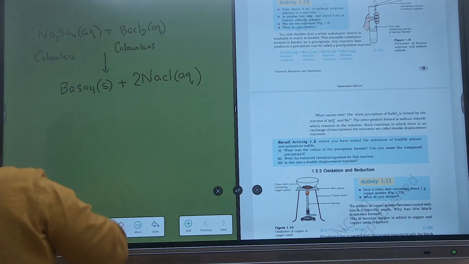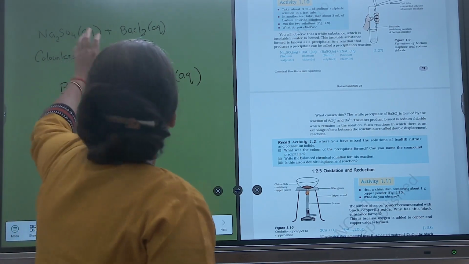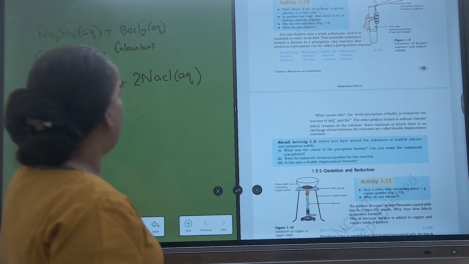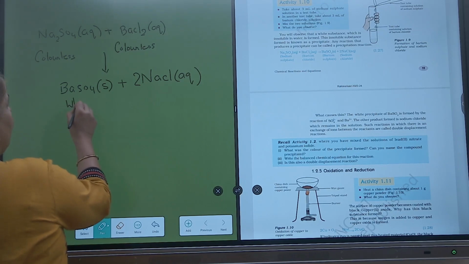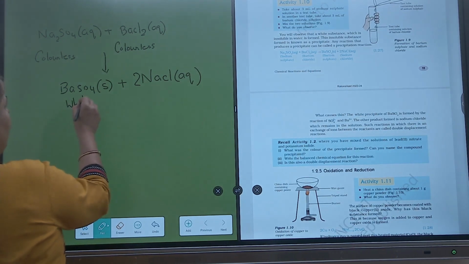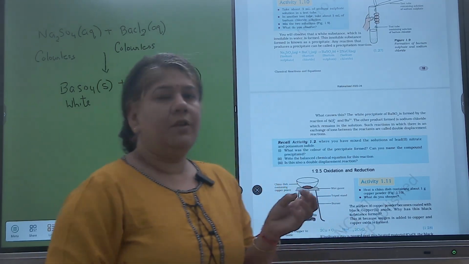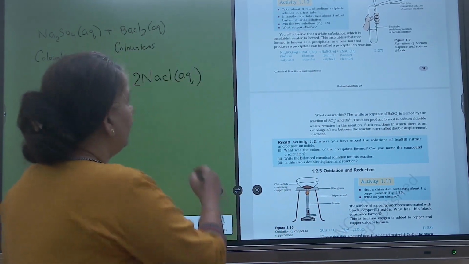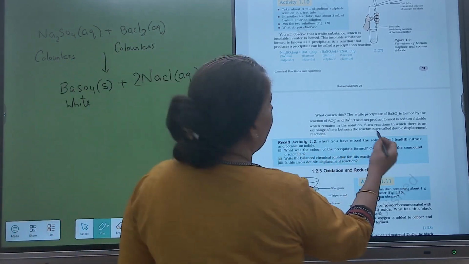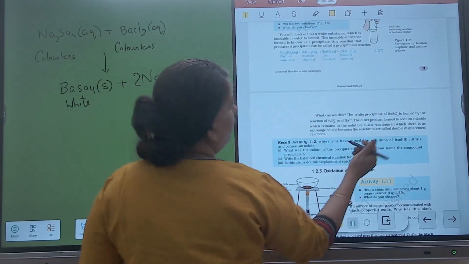See what happens when we add these two aqueous solutions which are soluble in water, we get a white colored precipitate. So precipitate is a substance which is not soluble in water, and after leaving it for some time it will start settling down. So this is called precipitate, and see here it is also mentioned in your book.